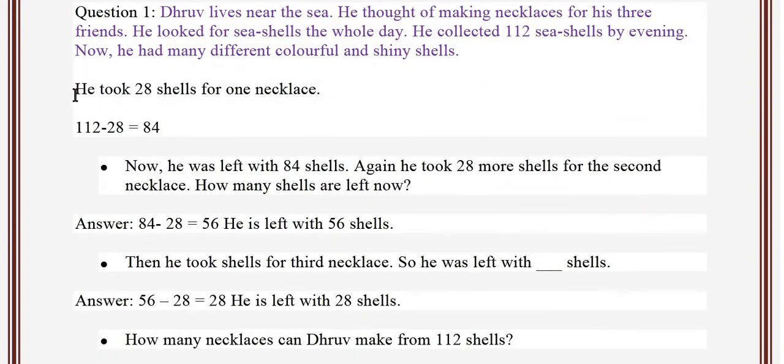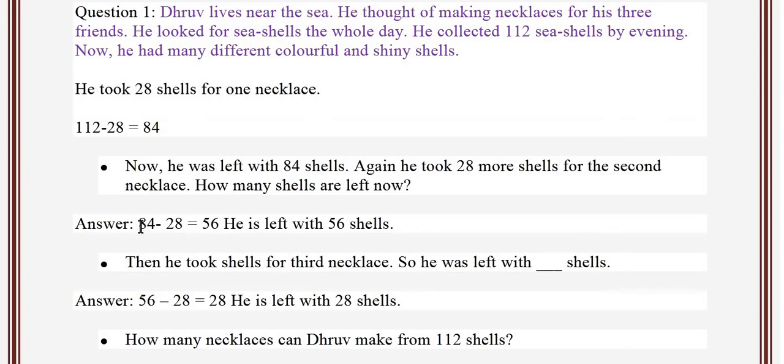Answer part. He took 28 shells for one necklace. So 112 minus 28. Now the remaining shells are 84. Again he took 28 more shells for the second necklace. How many shells are left now?